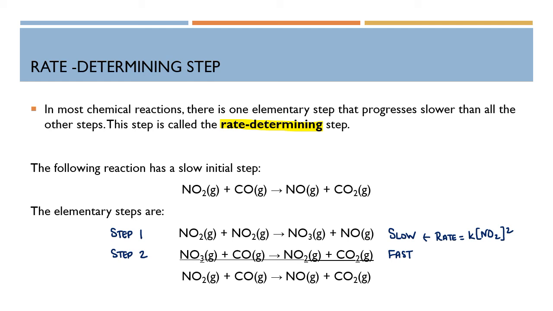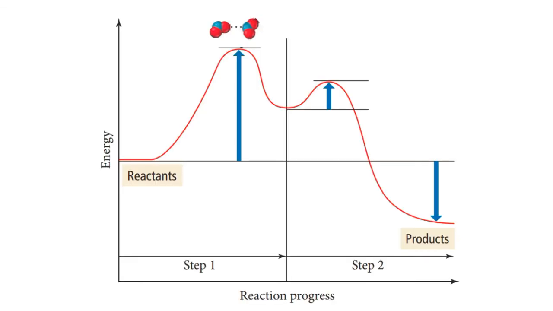After that, the second step is really fast and it'll just go right away. So the entire rate law for the reaction is just based on the rate law of the slow step. That's kind of like your bottleneck in a chemical reaction. If you can determine what your slow step is, you can often determine the rate law by looking at the reaction mechanism.